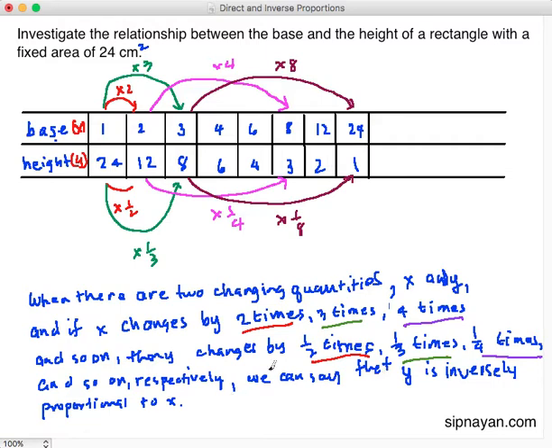Ang difference noon ay yung word na inverse, tsaka yung isa direct. So, this is a relationship which is called inverse proportion. So, y is inversely proportional to x.